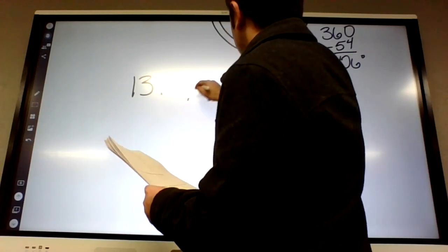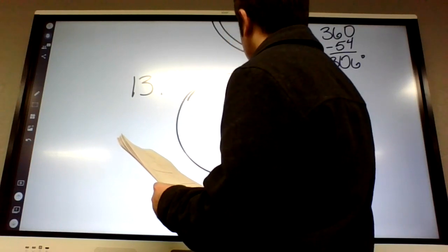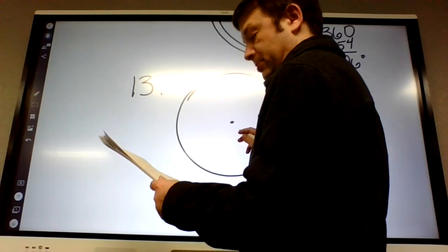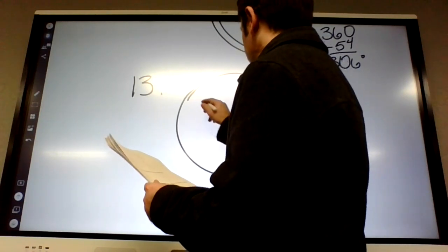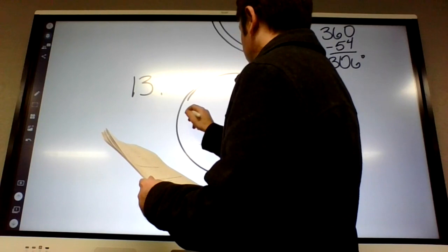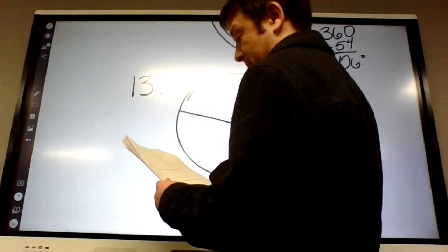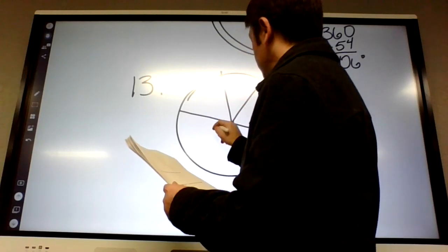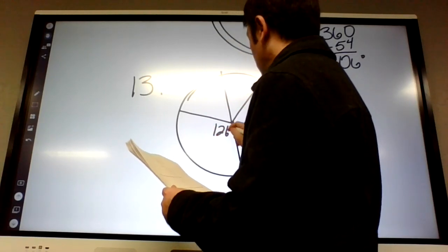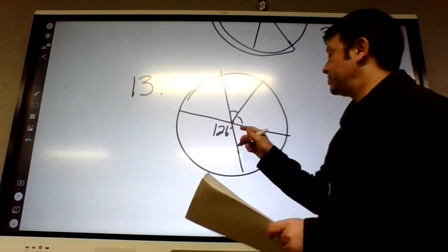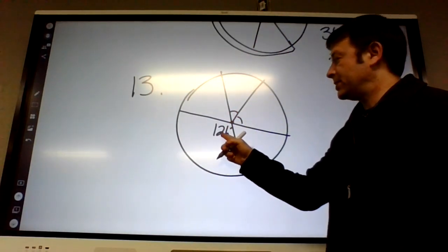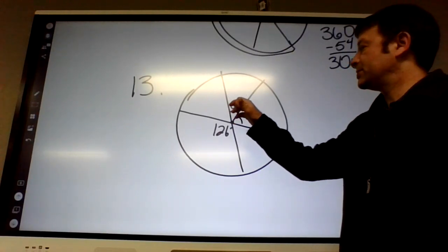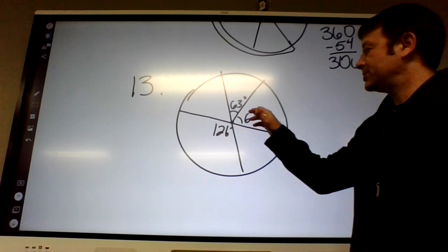Let's see if I can draw this. If these two angles together are a vertical angle with this angle, they have to be 126. Since they're the same, they're half of 126. So 126 divided by 2 makes them 63.